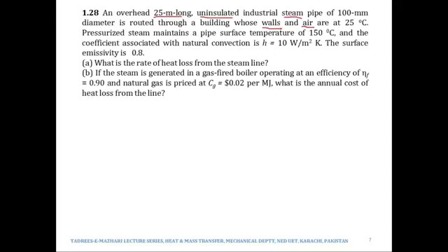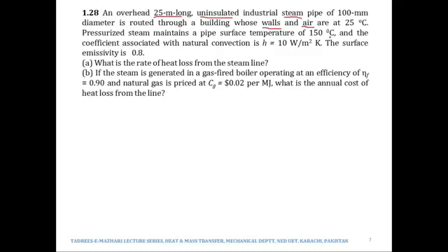So those are all the hints towards the modes of heat transfer. Now it says that the pressurized steam maintains the pipe surface temperature of 150 degrees Celsius. So the surface temperature of the pipe is 150 degrees Celsius.